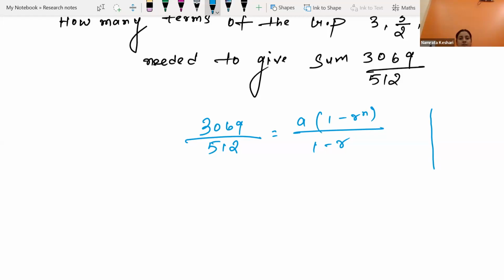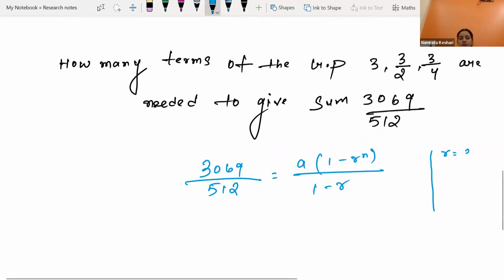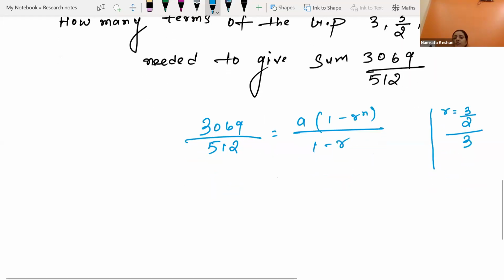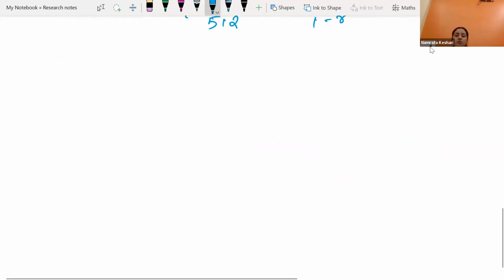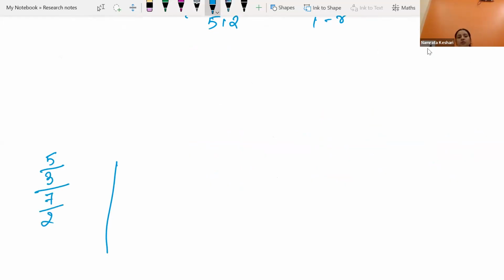R is 3 by 2. Let me check. Second term divided by first term. If you are getting confused about what to do over here, let me show you. If you are having fraction by fraction, then you take the reciprocal of the second fraction, so 5 by 3 divided by 7 by 2 will become 5 by 3 into 2 by 7.